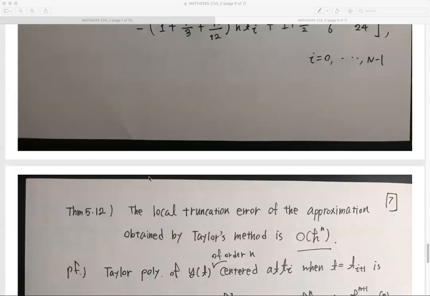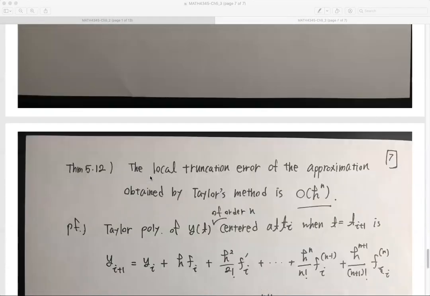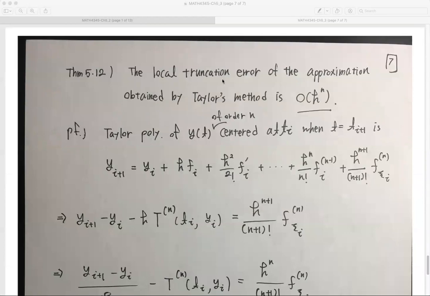Let's see now, theorem 5.12. The local truncation error of the approximation obtained by the Taylor method is big O of h to the nth power. Why? Keep in mind why we developed the Taylor method: because we want to develop numerical methods having a higher order of h in the big O, as the rate of local truncation error.